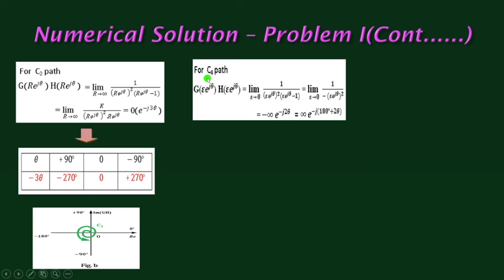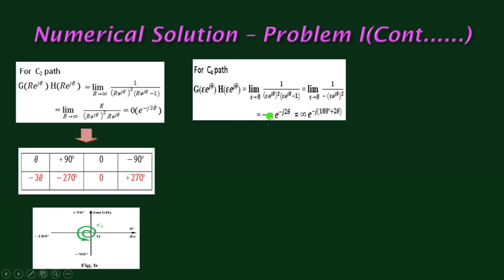Then calculate the C4 path. Here putting s equal to epsilon e to the power j theta, and this is the final equation. If epsilon equal to 0, this value is minus infinity, e to the power minus j 2 theta.